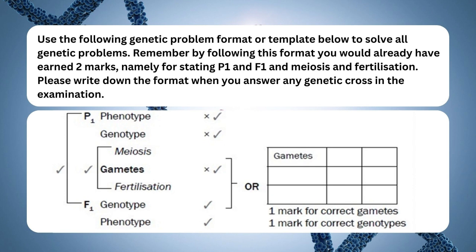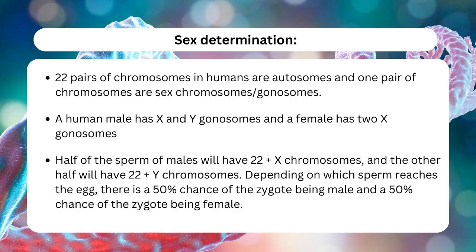Sex determination. 22 pairs of chromosomes in humans are autosomes and 1 pair of chromosomes are sex chromosomes/gonosomes. A human male has X and Y gonosomes and a female has 2 X gonosomes. Half of the sperm of males will have 22 plus X chromosomes, and the other half will have 22 plus Y chromosomes.